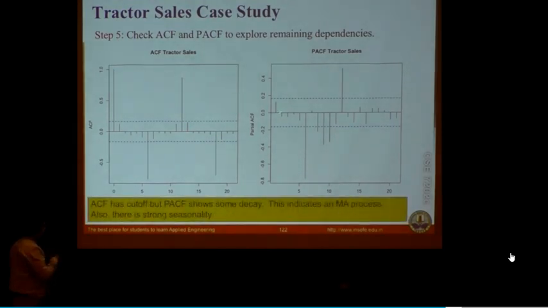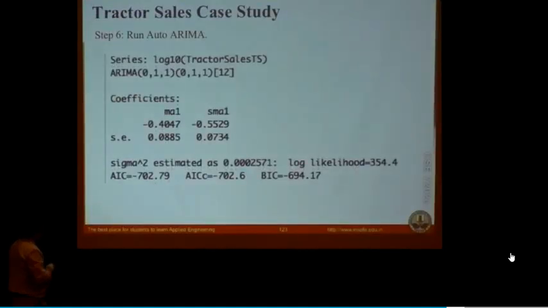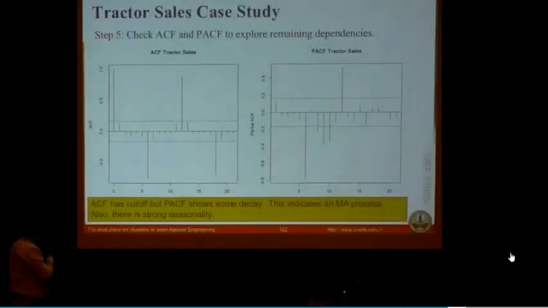PACF has some decay, but ACF cuts off, so some moving average, but there is a strong seasonality. Okay, so I do auto arima with that.